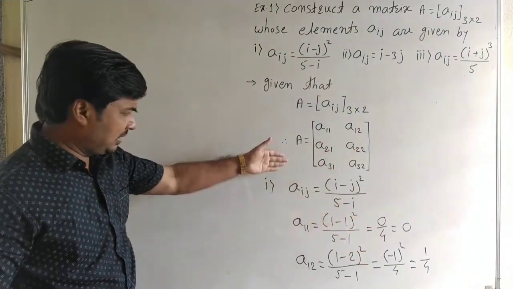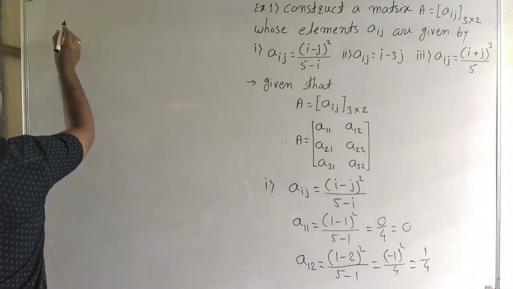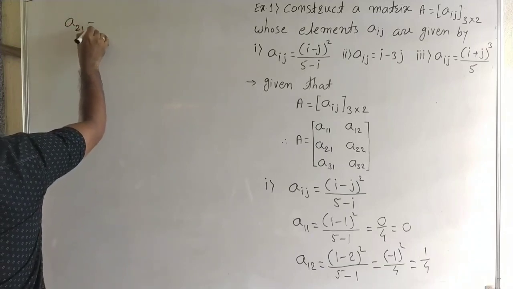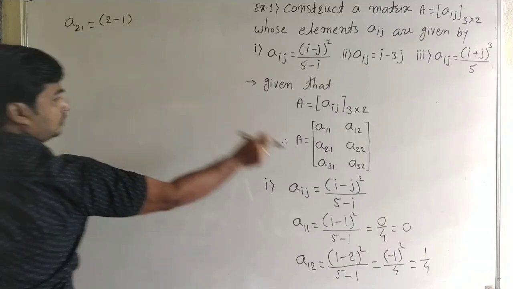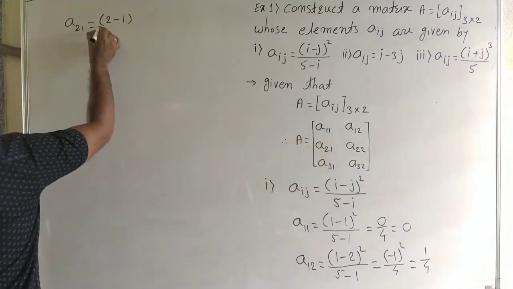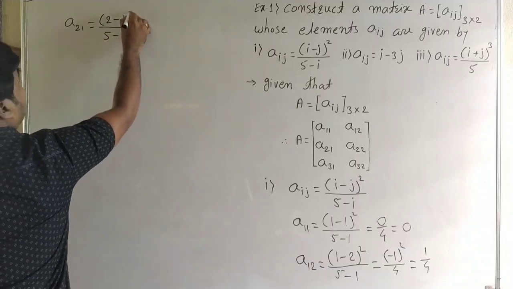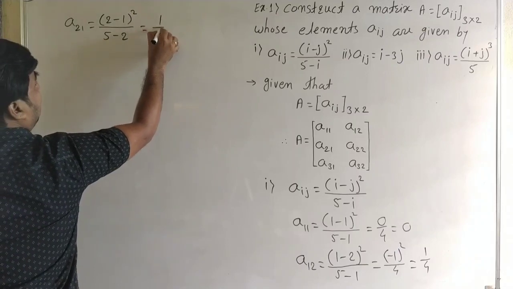Now like this we find all the remaining 4 elements. Second row, a21, that means (i minus j), (2 minus 1) square upon 5 minus 2. 2 minus 1 is 1, 1 square is 1, and upon 3.